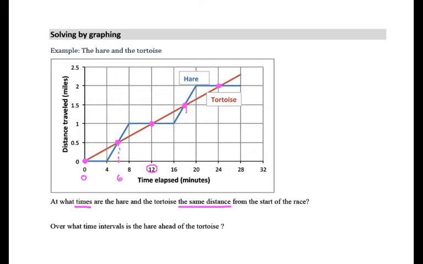And here it looks like that would be about 18. Then we have 24. So we would list all of these times at 0, 6, 12, 18, and 24 minutes after the start of the race.